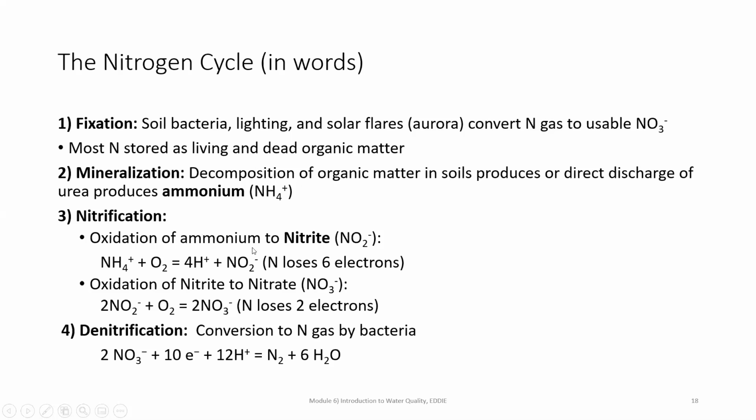This is the oxidation of ammonium to nitrite, and it includes the oxidation of nitrite to nitrate. So basically going from ammonium to nitrite to nitrate. And then denitrification, you need to know that this is the conversion of nitrate to a gas, right? So completing that cycle again, because this was the conversion of a gas to nitrate.